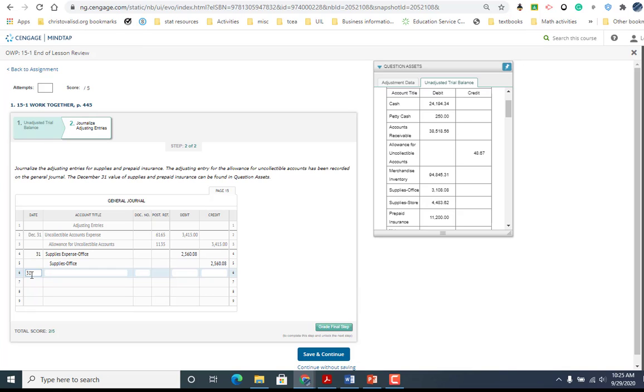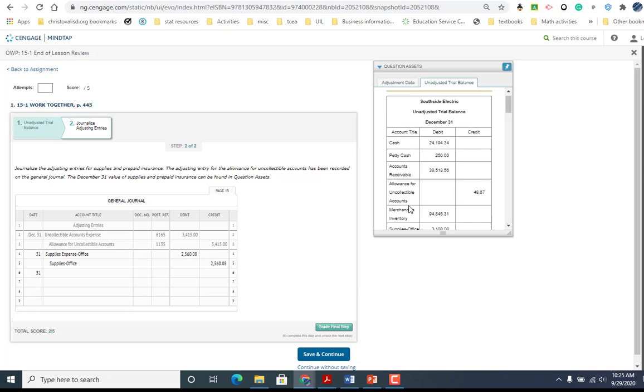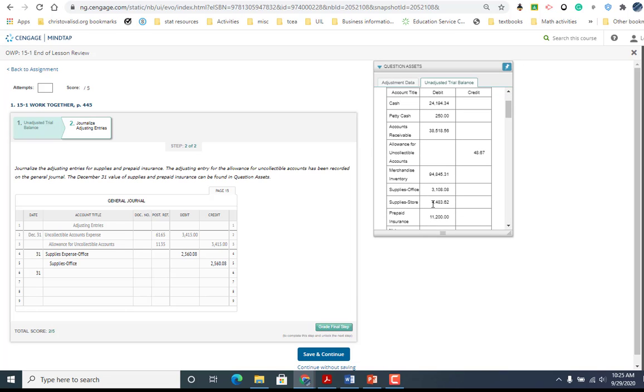So let's do our next one. Our next adjustment we need to make is the store supplies. We show that we have $640. What our trial balance shows is we have $4,483.62.